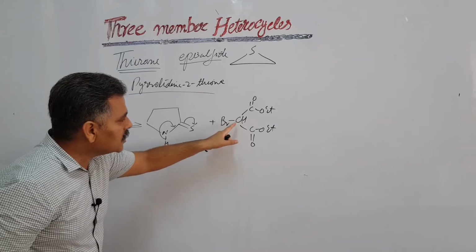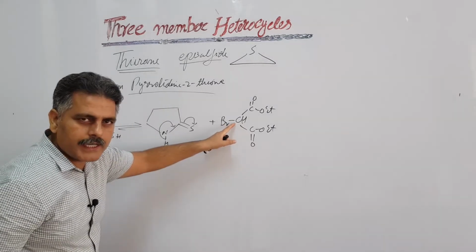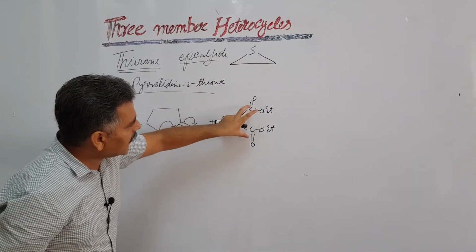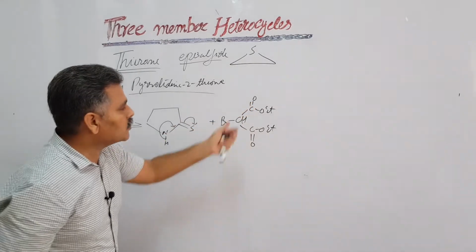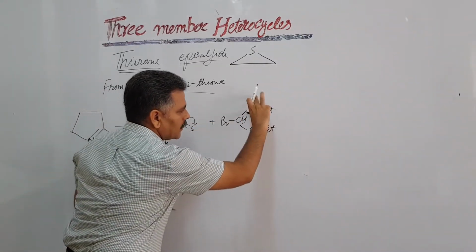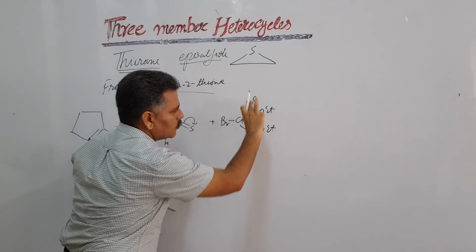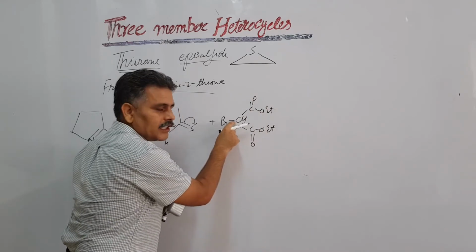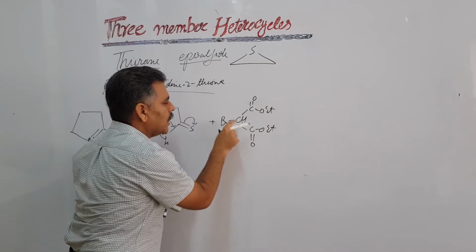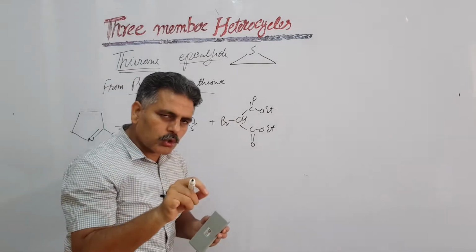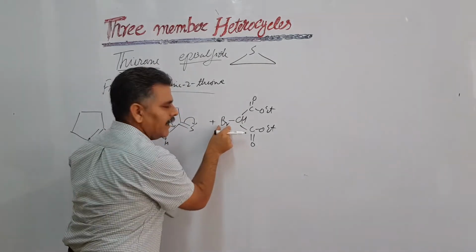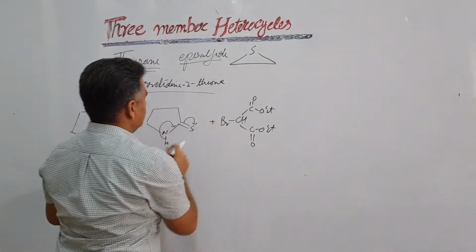We know that this carbon is electrophilic in nature because it is attached with 2 electron withdrawing ester groups, these carbonyl groups. So these two carbonyl groups make this carbon electron deficient, and this carbon undergoes nucleophilic substitution reaction, because here we have a good leaving group, bromo is present.